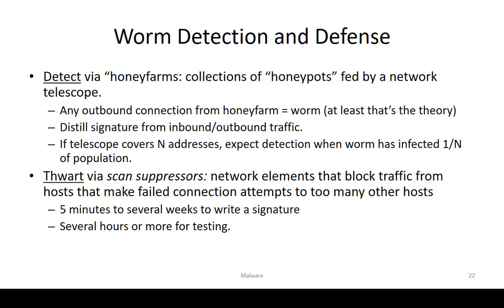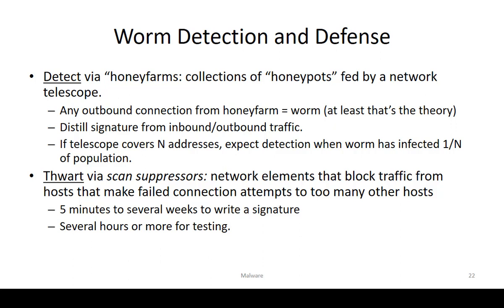And you can then form a signature by looking at the inbound and outbound traffic. Typically, if the telescope that you use for your honey farm covers about n IP addresses, then you can expect to detect a worm when the worm has infected 1/nth of the population of your honey farm.